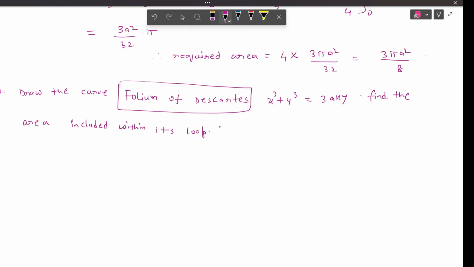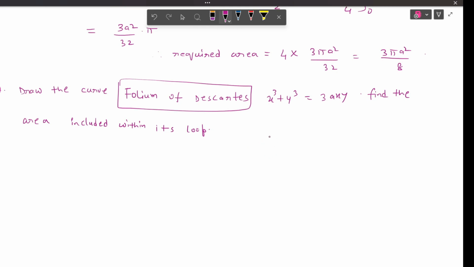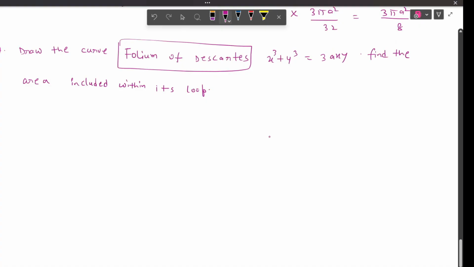See, our folium of Descartes is a complex graph, means its method to draw this graph is very complex. So I will explain this in a separate video. Here I am drawing the required folium of Descartes graph.